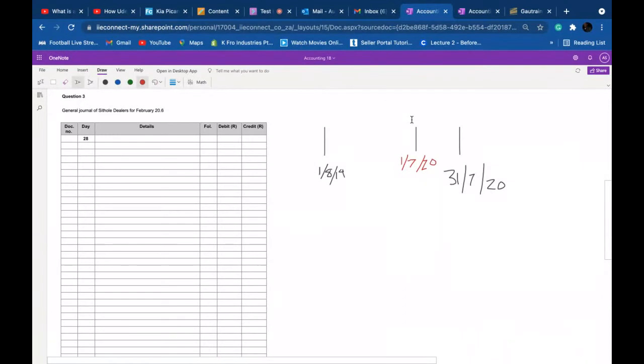We bought that for 23K, but that's inclusive of VAT. Remember, when we're doing depreciation, we have to do it exclusive of VAT. They've told us that our total on machinery is 350K on the 31st of July.